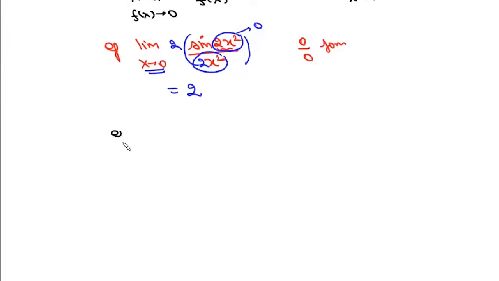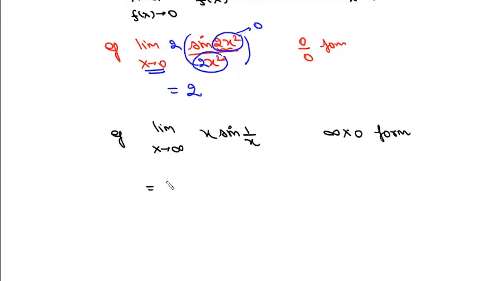Let us take another example, and this is this limit x tends to infinite x sin 1 upon x. Now the first thing that we'll do is check its form. Now when x is infinite, this is infinite into sin 1 upon infinite, which is sin 0, and sin 0 is 0. So this is 0 into infinite form, which is an indeterminate form.